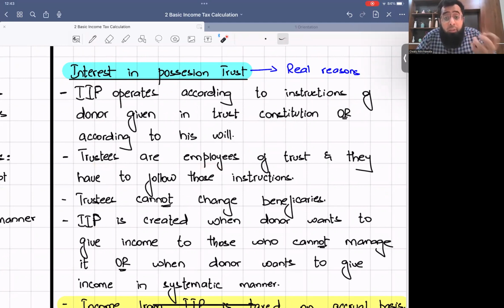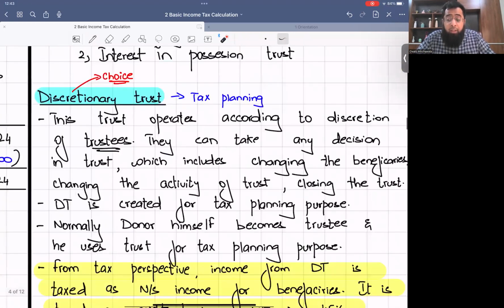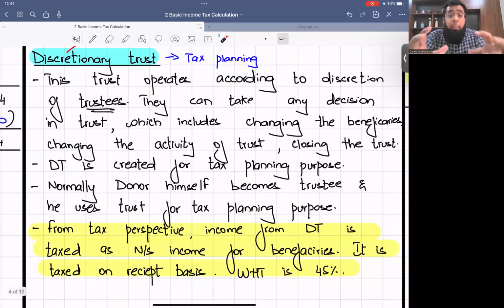See, try and listen to me carefully. When I talk about discretionary trust, it is completely in control of trustees. They can change the beneficiaries also.